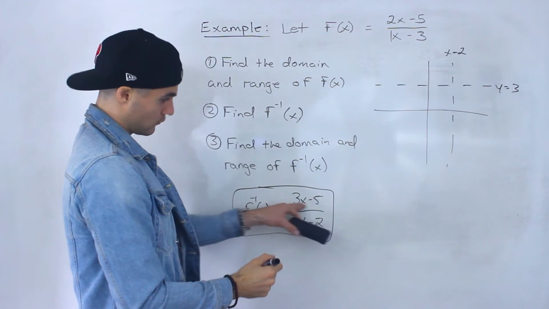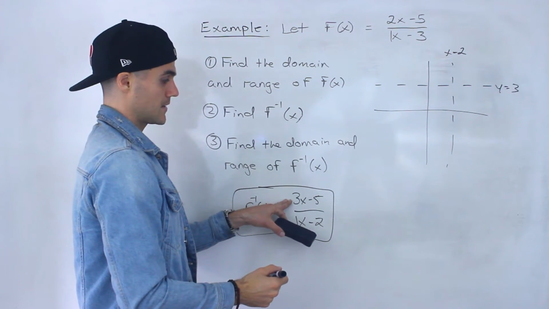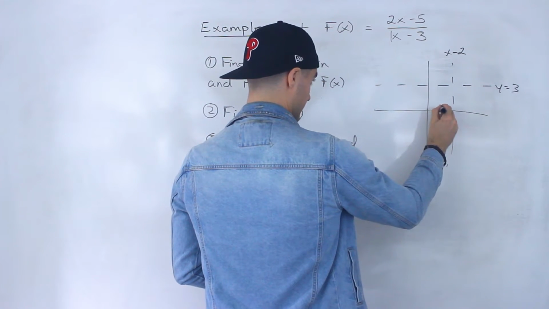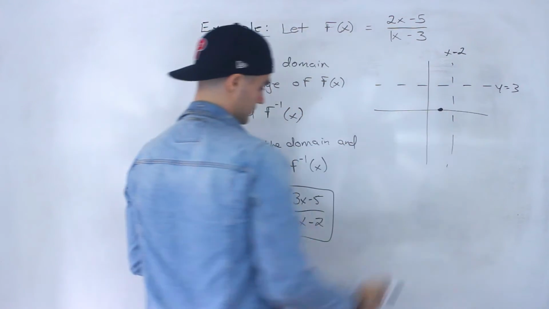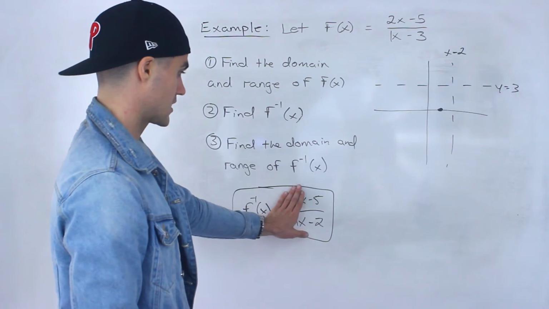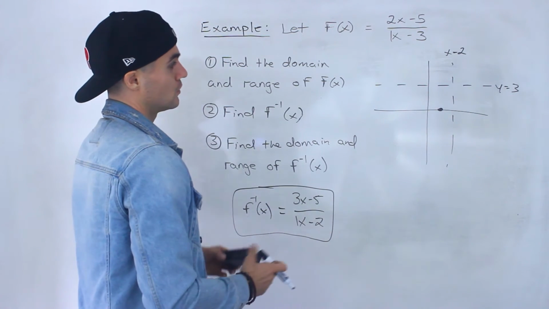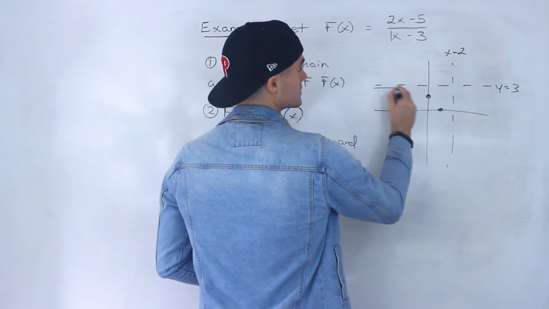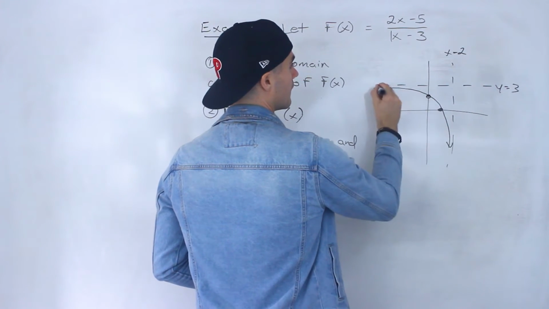Notice that at 5 over 3 is the x-intercept, which is going to be over here. 5 over 3 is less than 2. And then the y-intercept is going to be at -5 over -2, which would be 2.5, which would be over here.